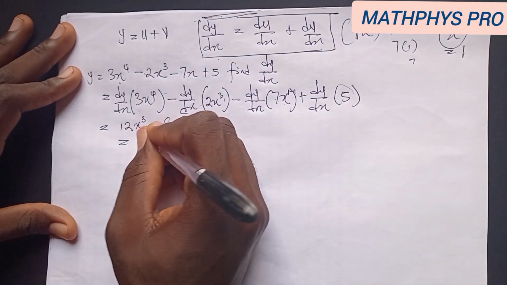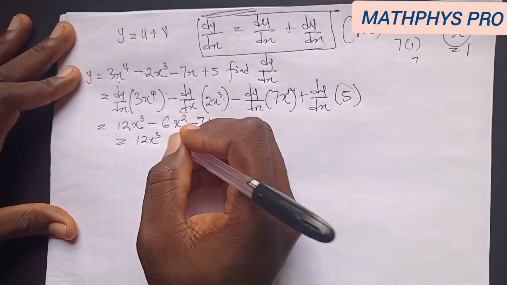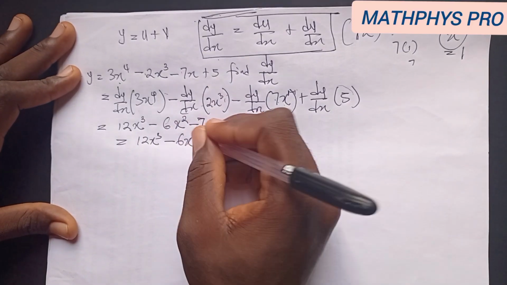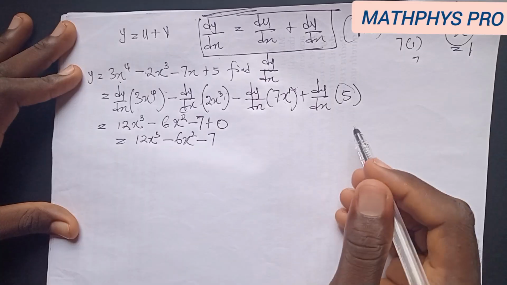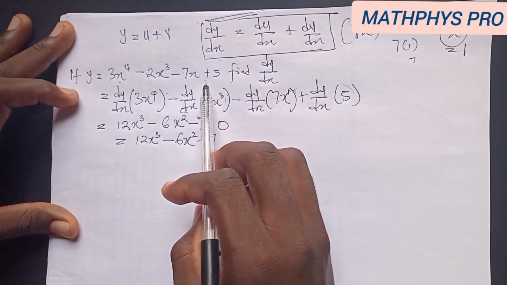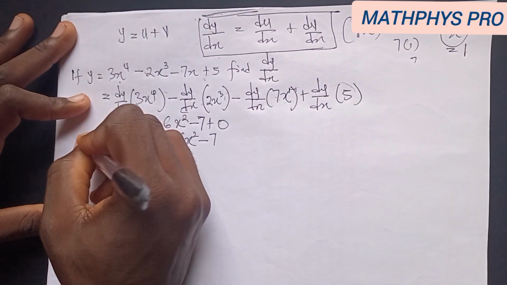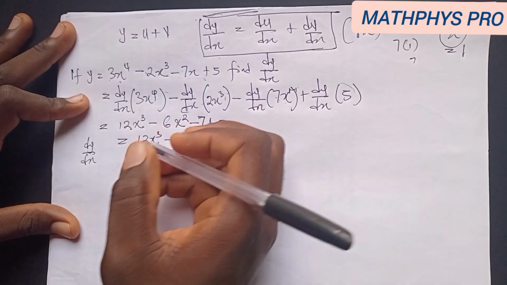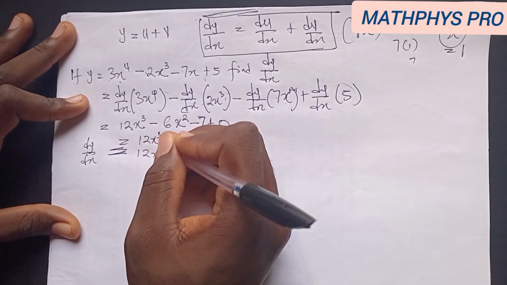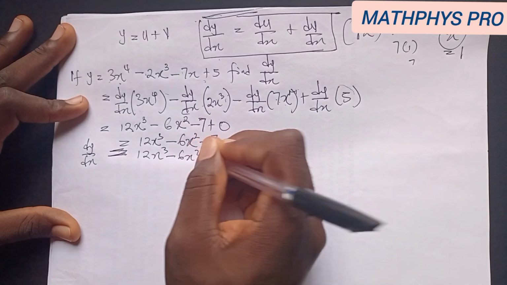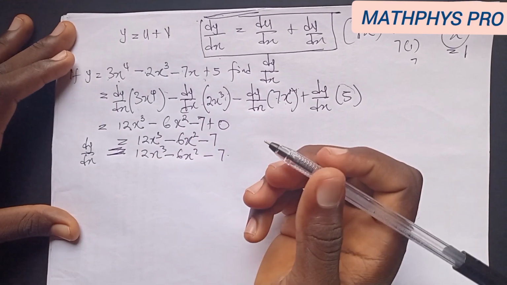So this is equal to 12x raised to the power 3 minus 6x raised to the power 2 minus 7. This is the derivative of this polynomial. That means dy/dx is equal to 12x raised to the power 3 minus 6x raised to the power 2 minus 7.